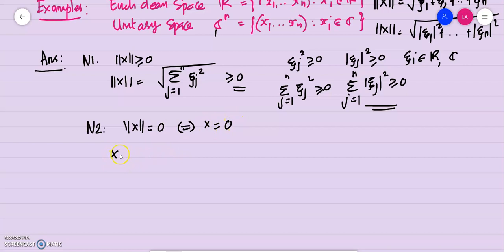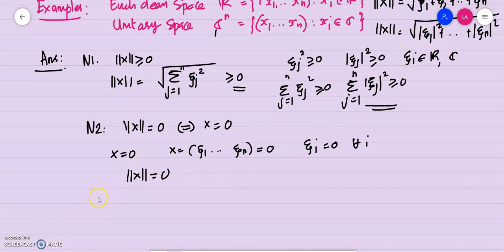Clearly, if x is equal to 0, so x is written as theta 1 etc., theta n, then theta i is equal to 0 for all i. Then its square is 0, then the sum of its squares is 0, then the square root of that is 0. Then clearly norm x is also equal to 0 when x is equal to 0, which is trivial. That is similar in the case of complex numbers as well.